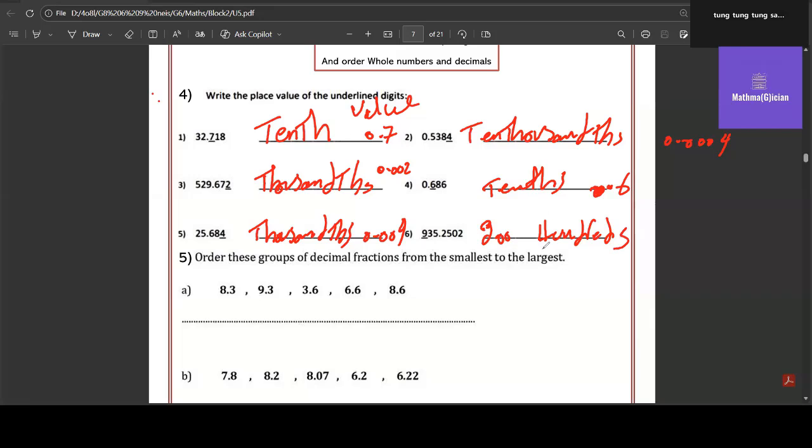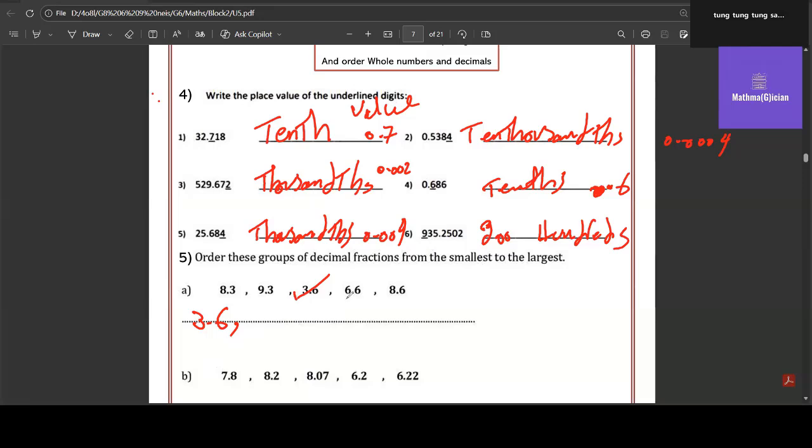Order these groups of decimals from the smallest to the largest. The smallest number is 3.6. And after 3.6, you can check it, circle it or whatever, just to exclude it from the comparison.